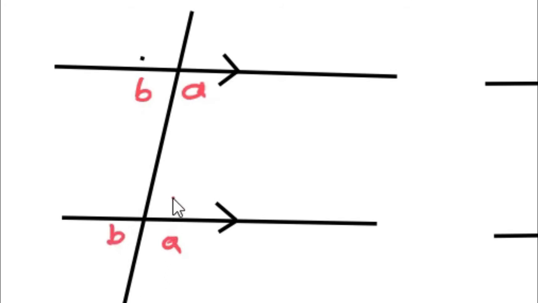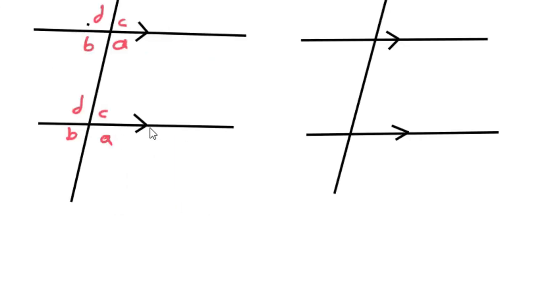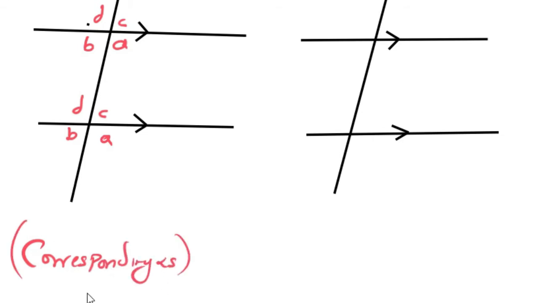We would also see that the angle we have over here will be equal to that angle over there. Finally, this angle over there would also be equal to that angle over there. When you have parallel lines, those angles would always be equal. And the reason for that is called corresponding angles. And we say corresponding angles are equal.